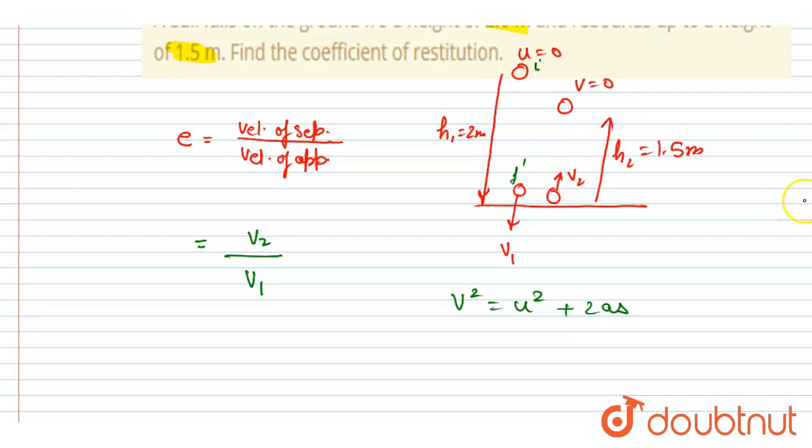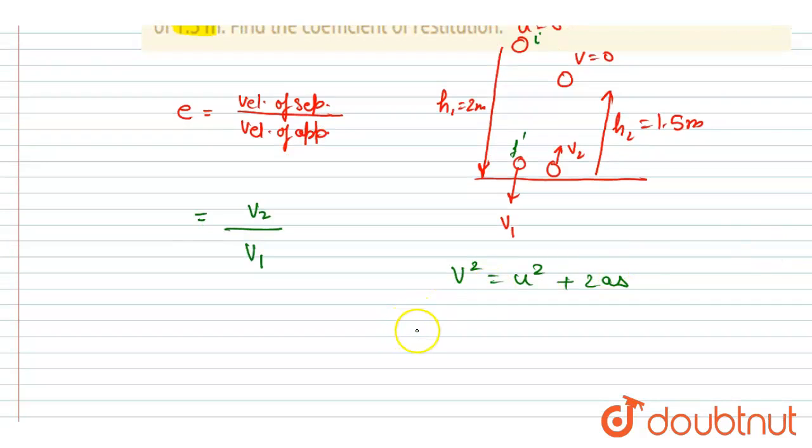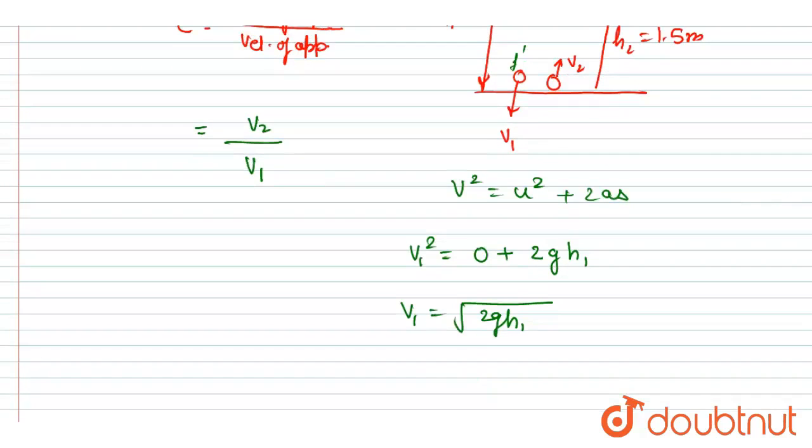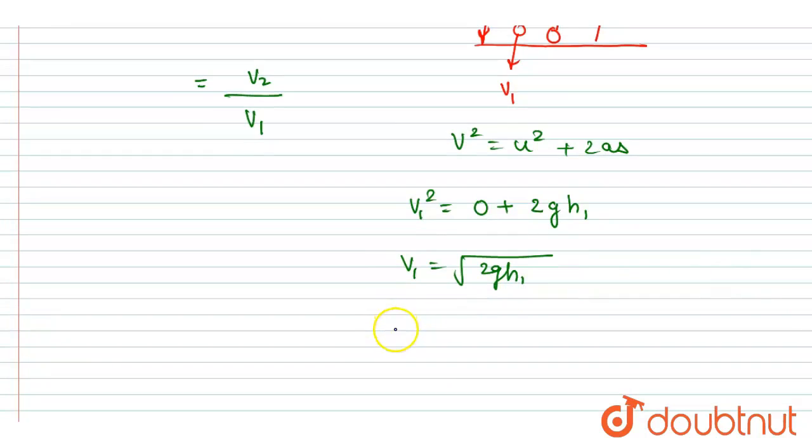So if I apply the third equation of motion from this initial position to this final position, I will get v1 squared is equal to u squared, which is 0, plus 2g h1. So from here you will get v1 is equal to under root of 2g h1. Now if you see in the second case, when it goes up to height h2, it has a final velocity of 0.